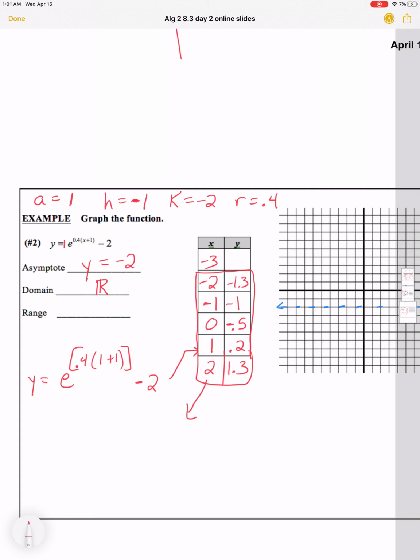Okay, what you would do is you would take e to the 0.4 times 2 plus 1. You would have to do a double parentheses here, and then do -2. When you plug in your calculator, you should get 1.3.